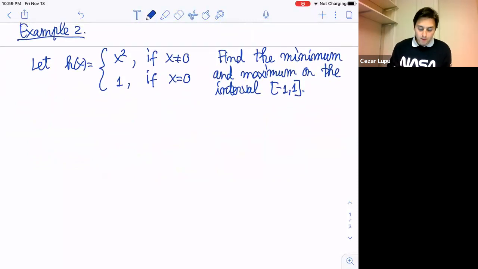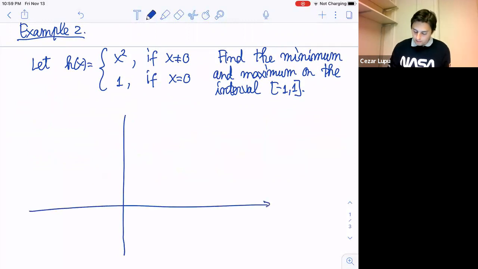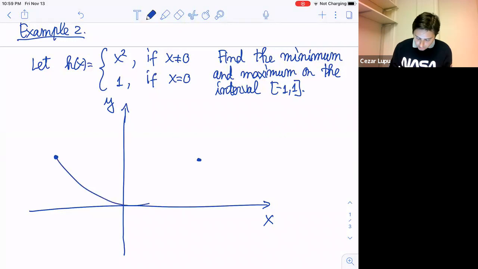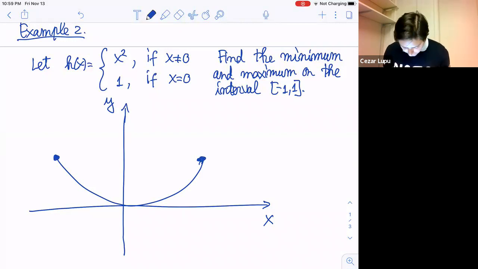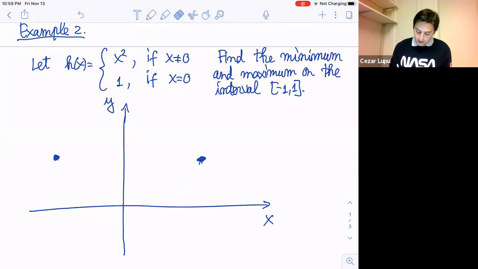So the graph of this will be a parabola, so let's be careful here a bit. So the graph will be something like this. Okay, actually the drawing is bad. Let me draw it again. Okay, that's more like it.